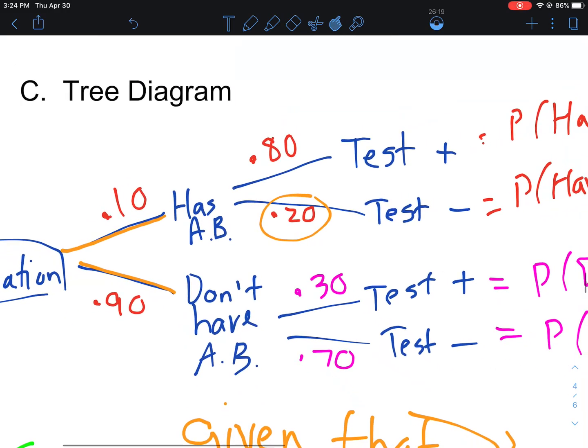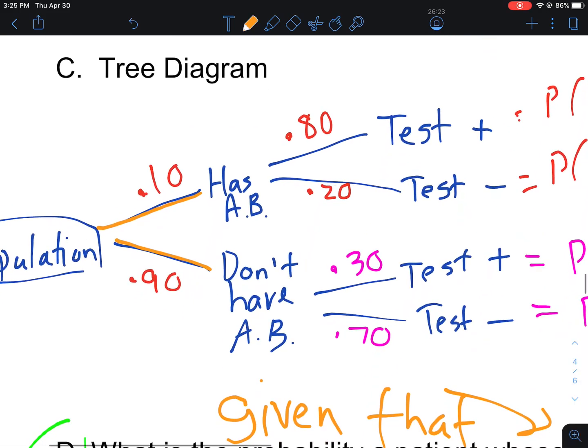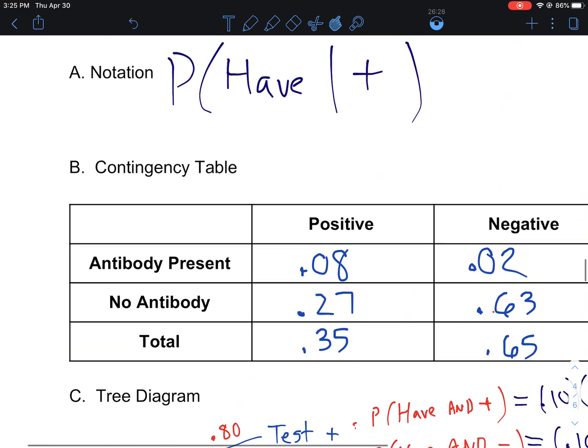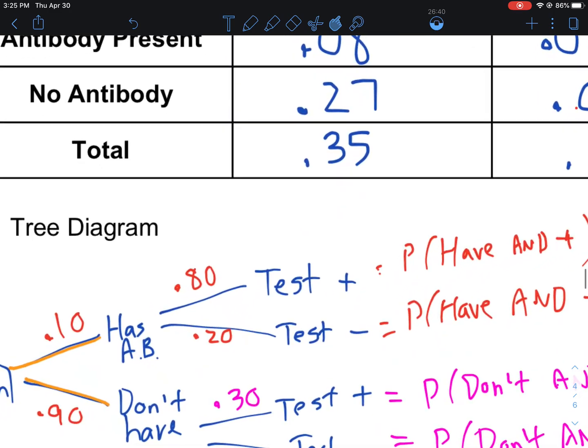Therefore, it must not detect them 20% of the time, because these always have to add up to 1. So again, where that came from, you were told 10% of the population has these antibodies, and that you get a positive result 80% of the time when they actually have them.